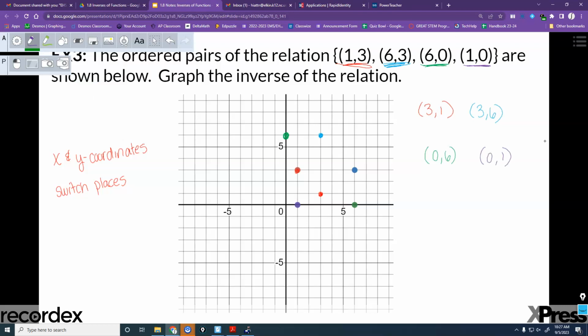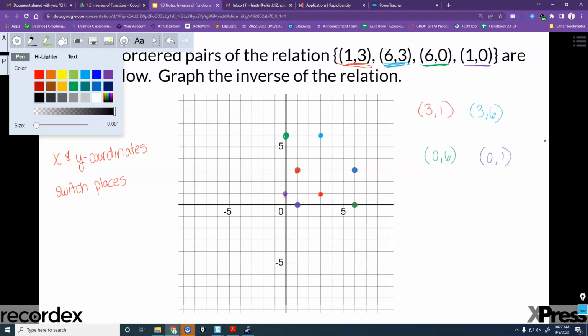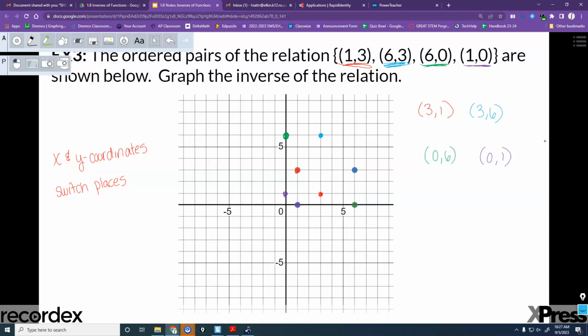So 0, 1 is right here. Now I'm going to put a dotted line between these so we can see, here was our original. This was our original. No, they're not actually connected. I'm just drawing this so you can kind of see where it's at, right?